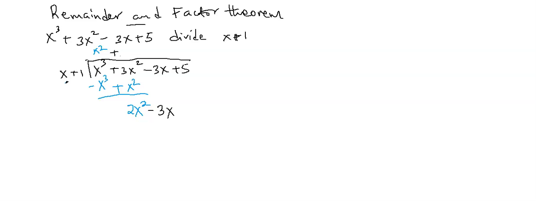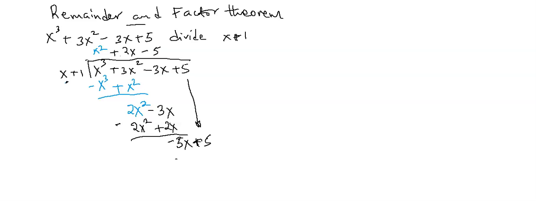2x squared divided by x, you get plus 2x. So you have 2x squared plus 2x. Then if you subtract, you get minus 2x squared minus 2x squared is 0, minus 3x minus 2x, minus 5x, and then we drop our 5 plus 5, and then minus 5x divided by x is minus 5.